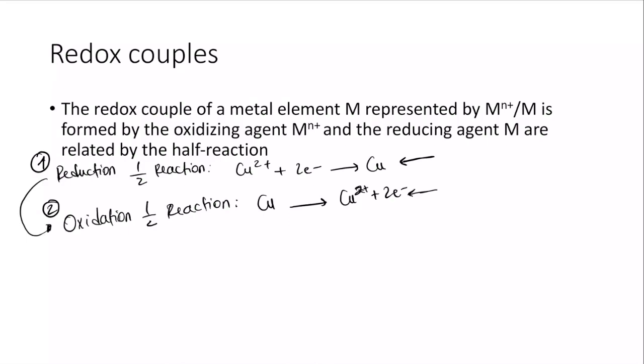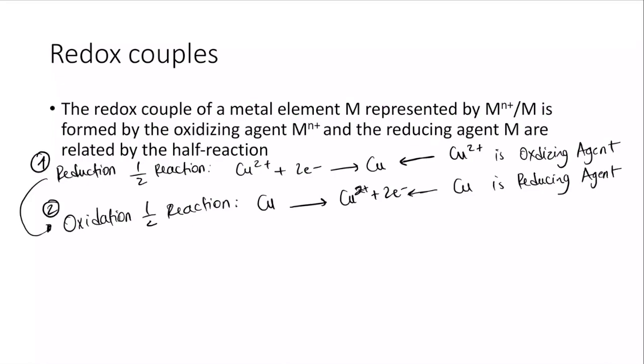If it undergoes reduction, then Cu2+ here is the oxidizing agent, and the Cu here is the reducing agent. See, the role of copper changes according to the element that it's reacting to.